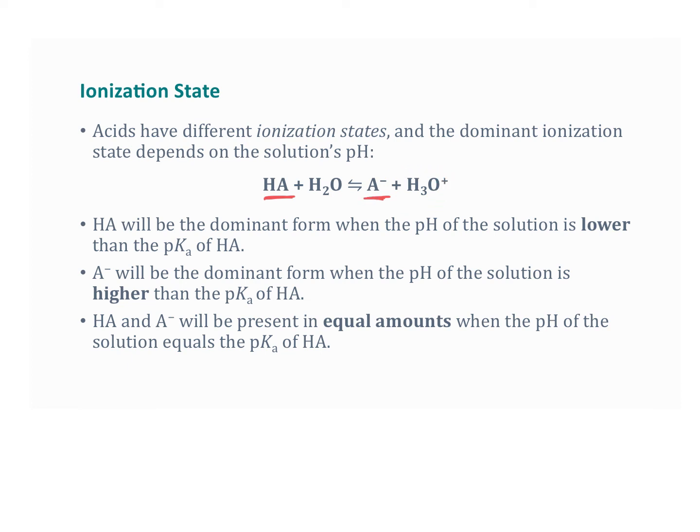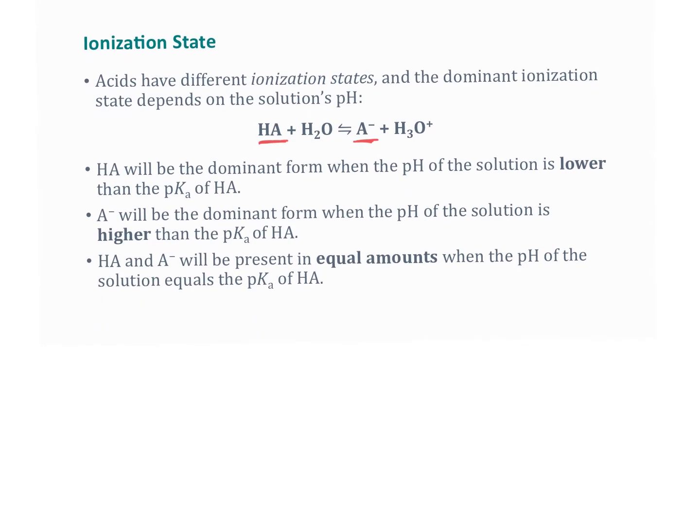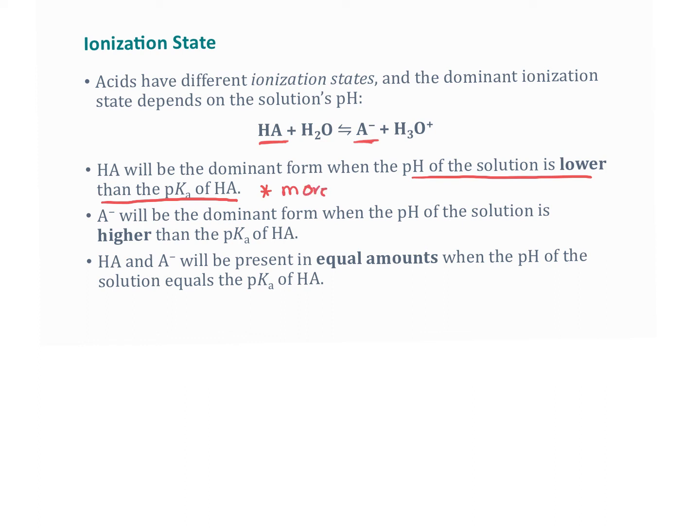So the protonated acid will be the dominant form when the pH of the solution is lower than the pKa of the acid, okay? If it's lower, I like to think of that as being more acidic, okay?